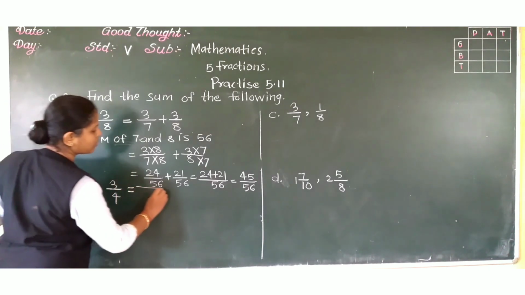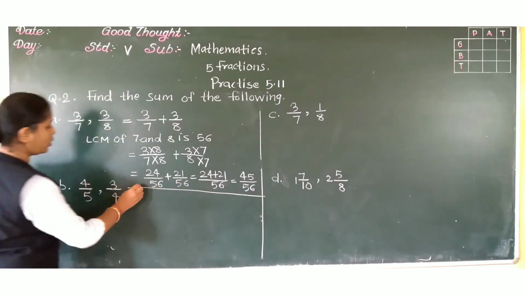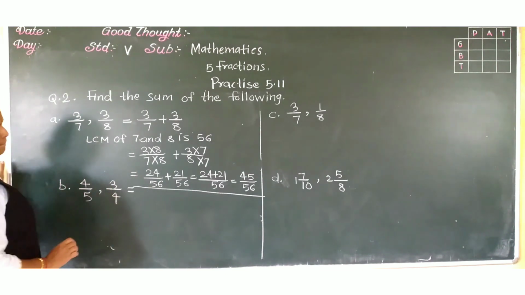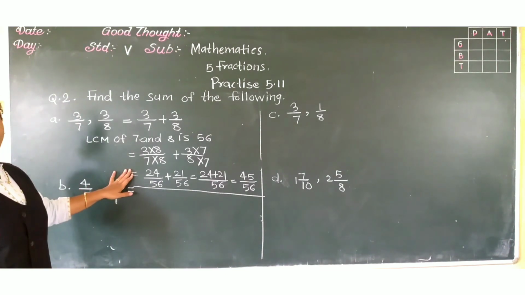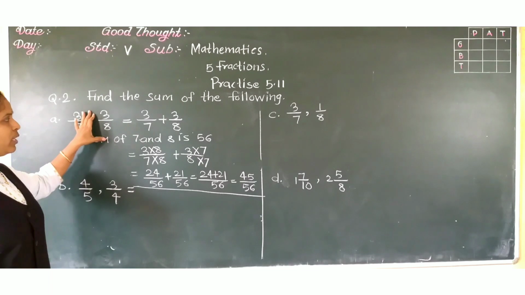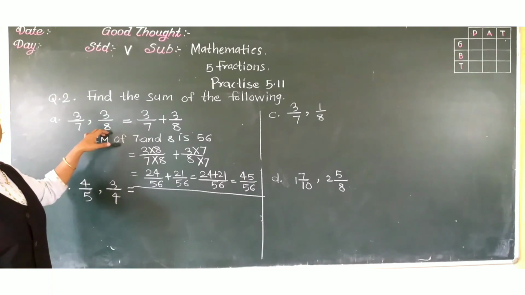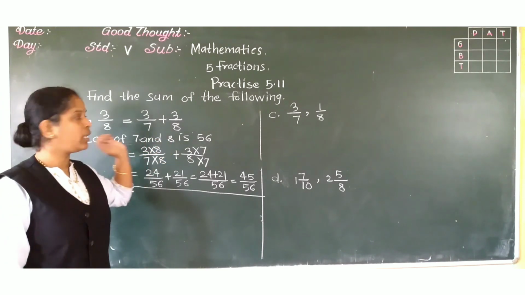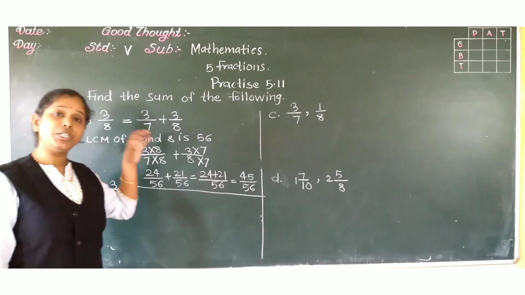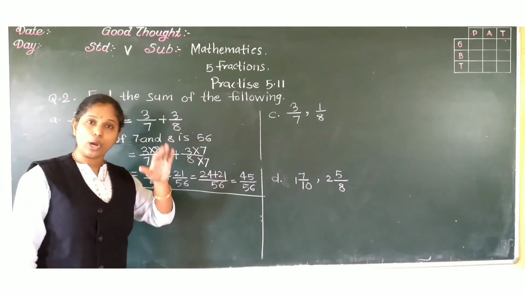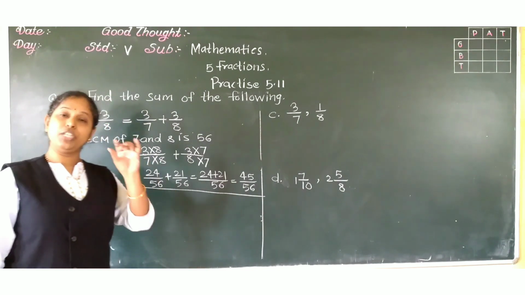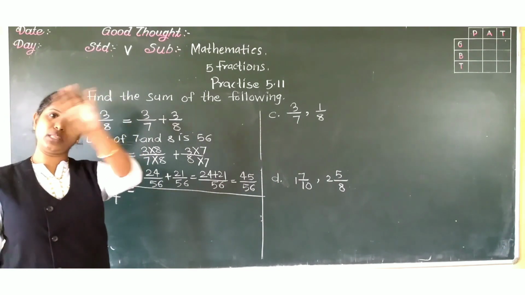In this way we have to solve. Okay. Followed? In this way we have to solve the sum. What we did first? Find out the LCM of both the numbers given. LCM means which number comes in both tables, that you have to find out. First, which number comes first in both the tables.